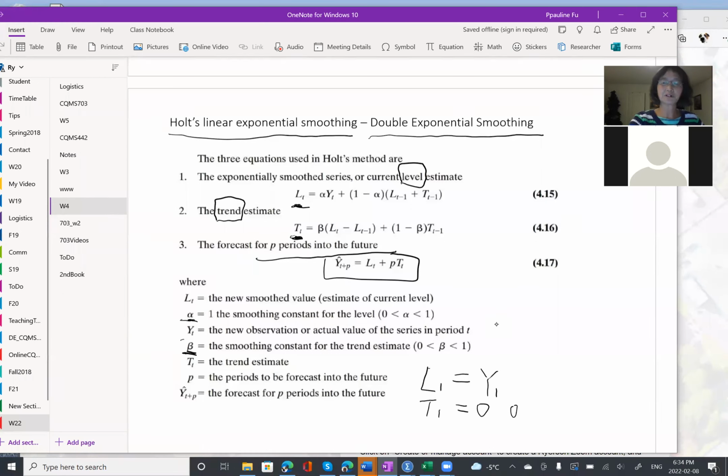Some textbooks initialize T1 as the second original data minus the first original data, so Y2 minus Y1. Okay. So this is just the overview of the Holt linear exponential smoothing. Basically, you estimate level and you estimate the trend.